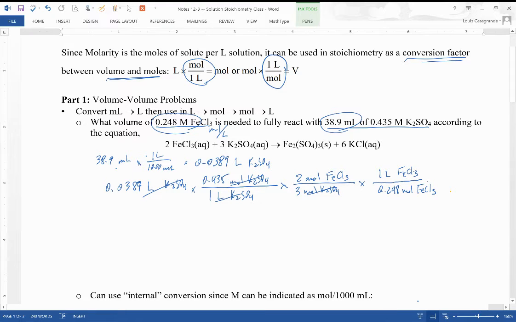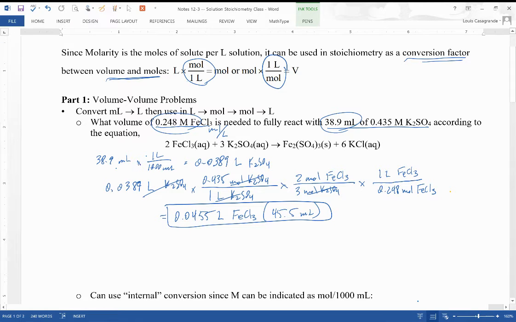And when I work all that out, I get 0.0455 liters of the FeCl3 solution, which, if you multiply by 1,000, is 45.5 milliliters.